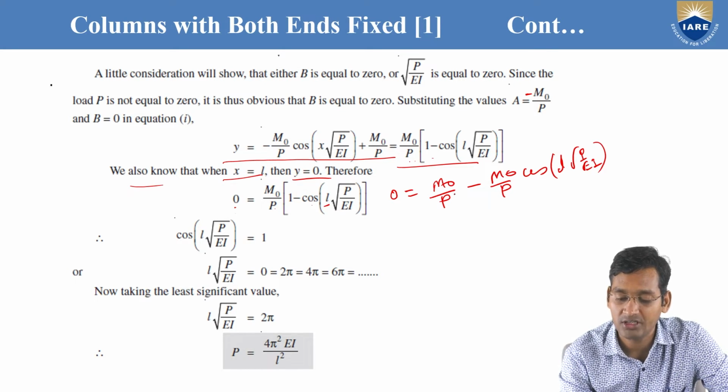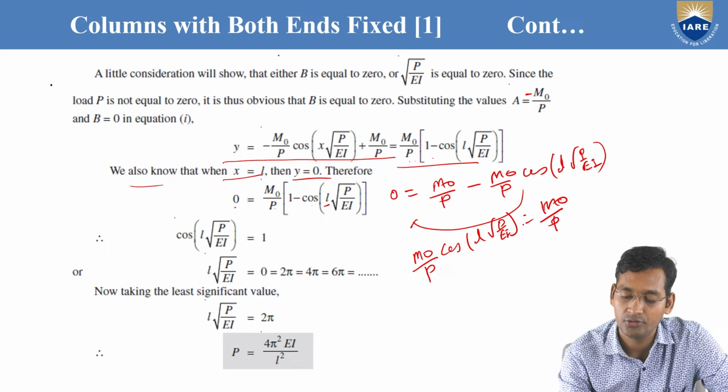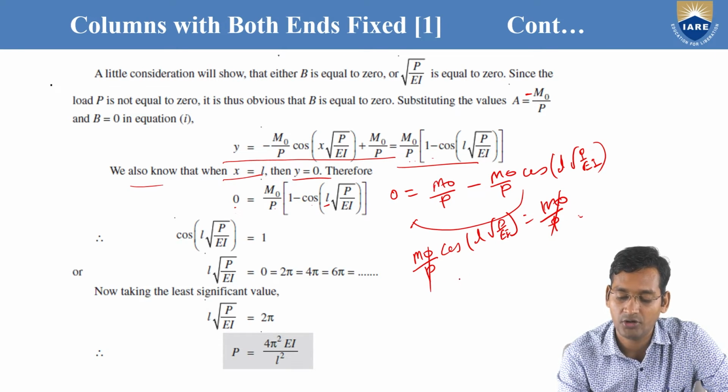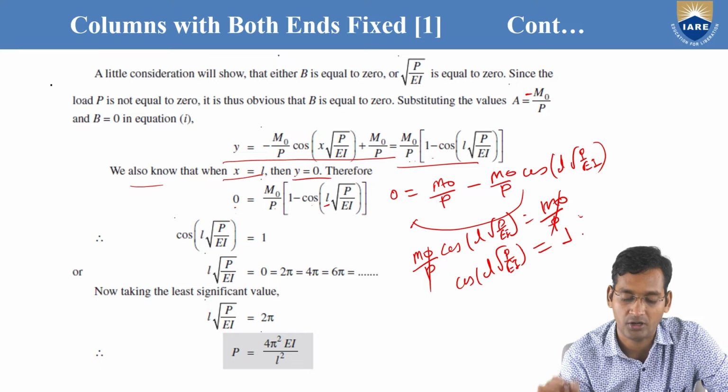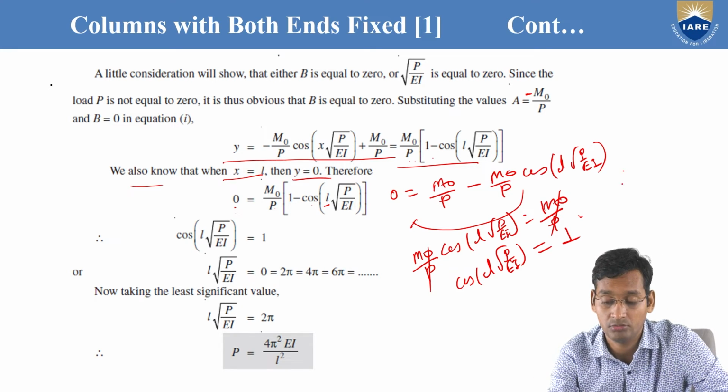Now take this term to this side. So m naught by p cos L root p by EI equals m naught by p. This m naught by p cancels, or you can just divide. So now what will we get? Cos L root p by EI equals 1. Which values of cos are 1? Cos 0, cos 2 pi, cos 4 pi.